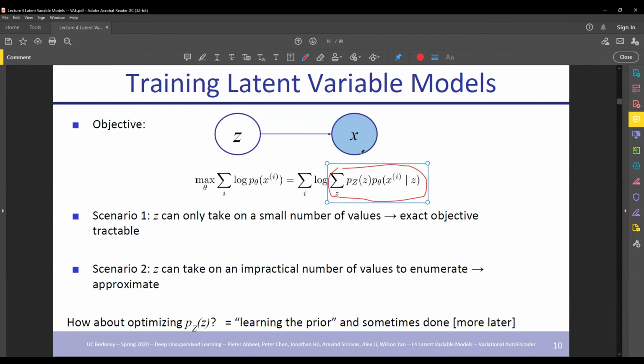The reason for it is so that we can exactly compute or derive this term. And once we derive it, then the training for the whole process is simplified.